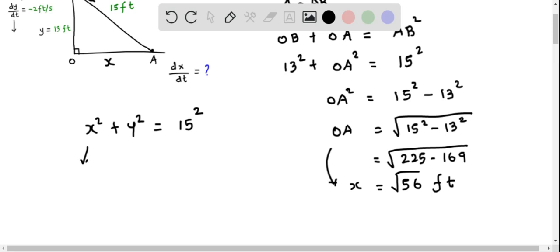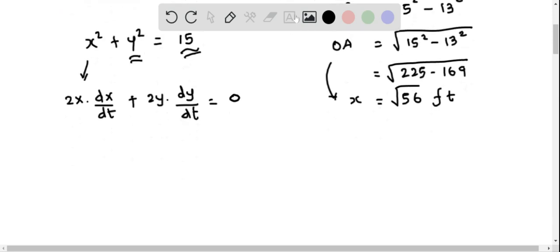The derivative of x squared is 2x dx/dt, plus the derivative of y squared, so again we put 2y, and then we apply the chain rule to get dy/dt, and this equals a constant, so it becomes 0.